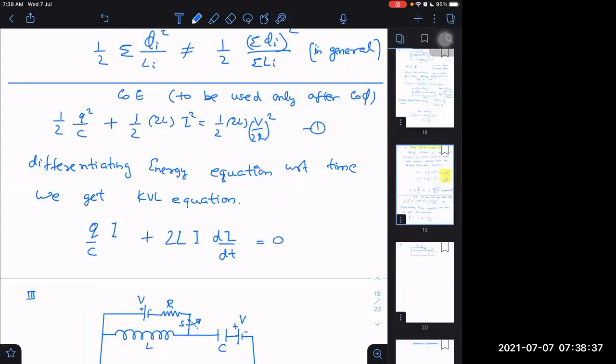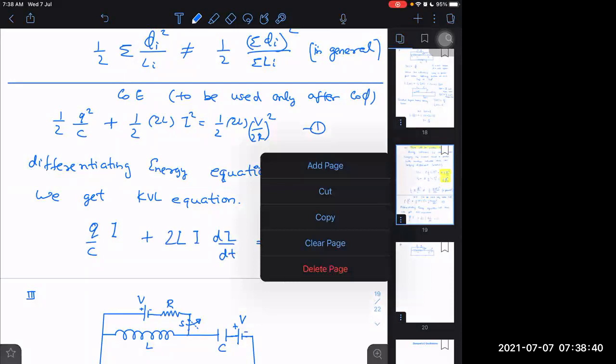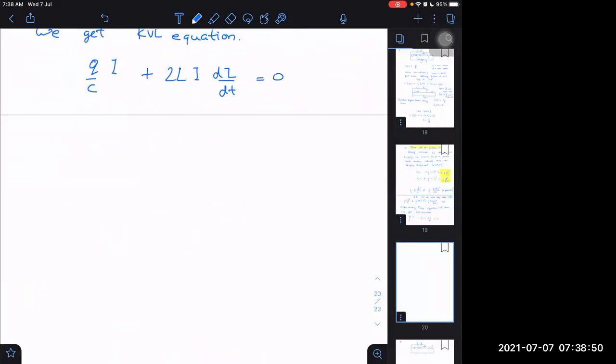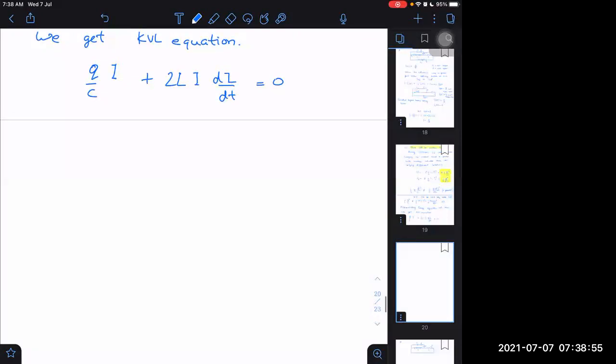Next, we can write dI by dt as d squared Q by dt squared, and I is dQ by dt. We can cancel I and divide by LC also. So 2L.